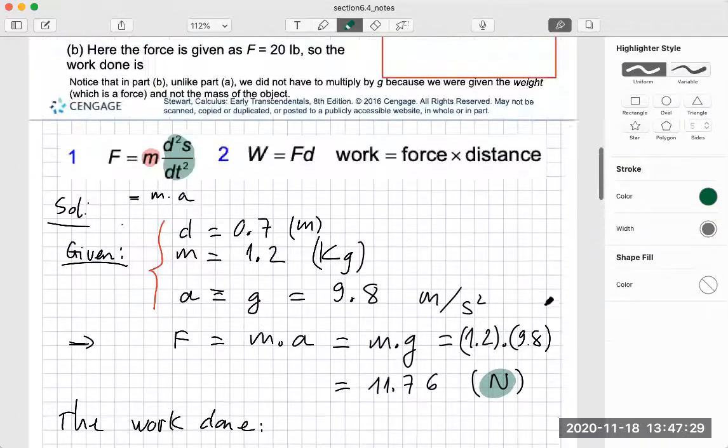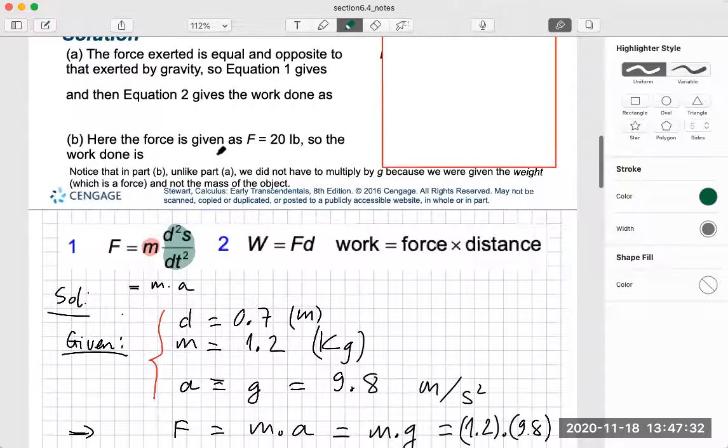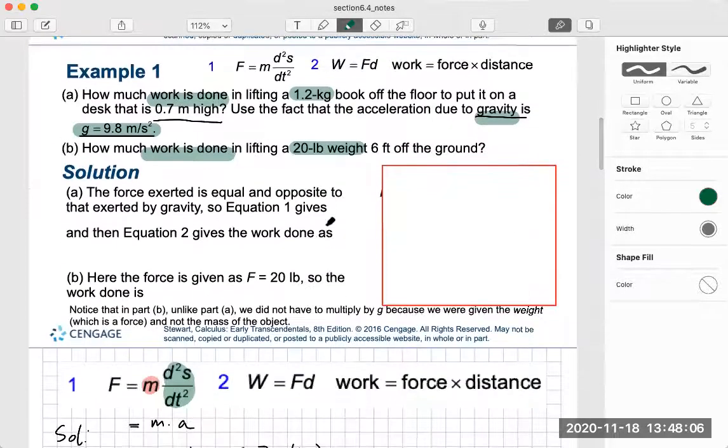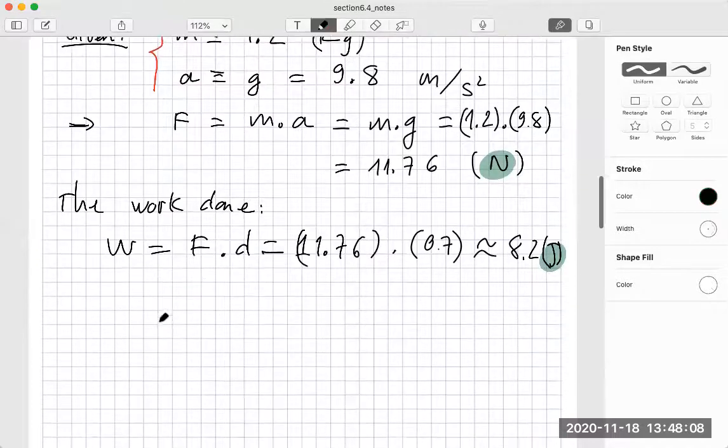In the second question, the same story. How much work is done in lifting this much, 6 feet? We're given that the weight is 20 pounds, and the distance is 6 feet. So we use a different system, the US system.